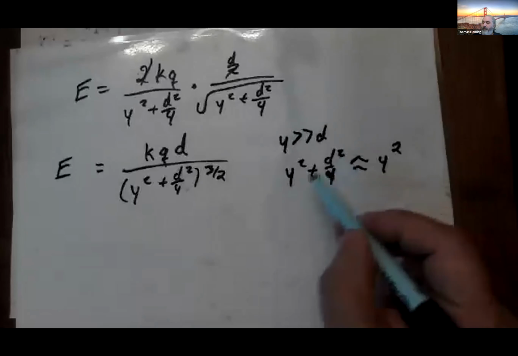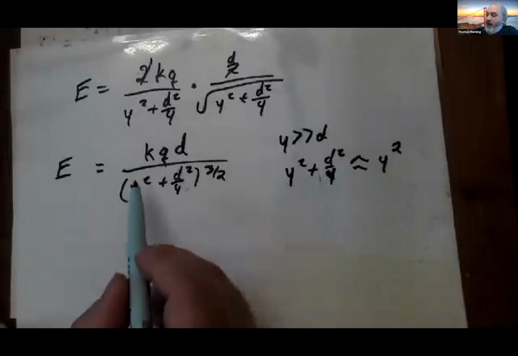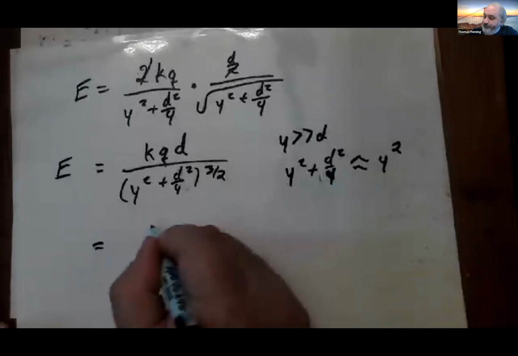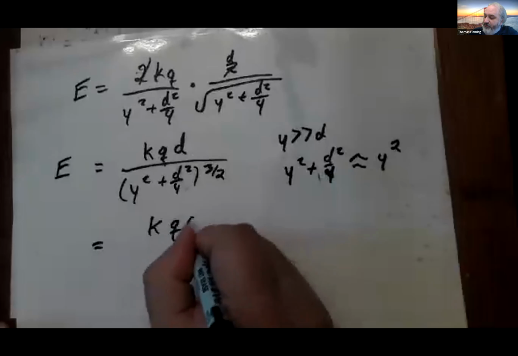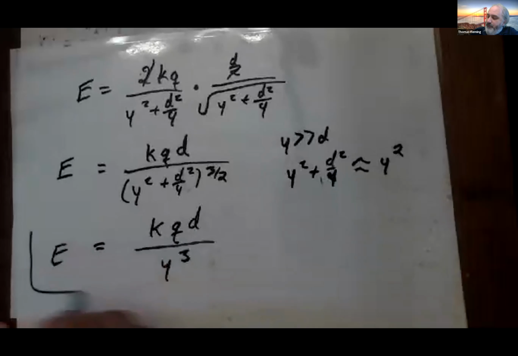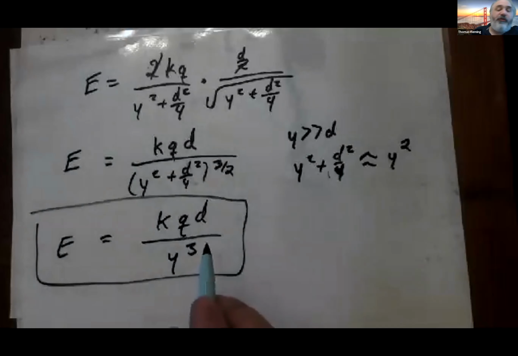This is so small compared to this that I can basically neglect it. But now I have y squared to the 3/2 power. That's y cubed. Sorry, I was concerned that I'd made a mistake, but I did not. And by golly, that's pretty doggone simple.